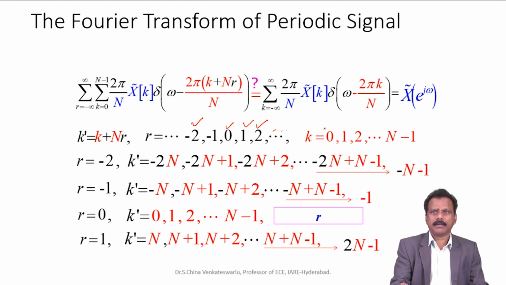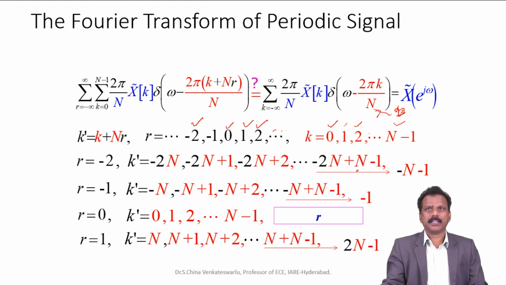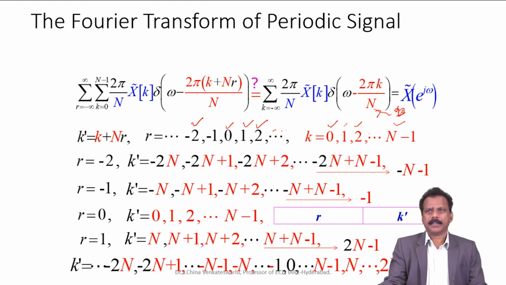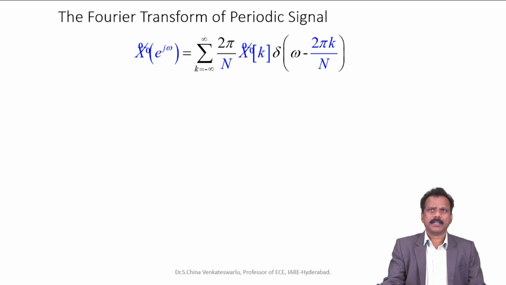The k value is 0, 1, 2, 3, 4, and so on up to N minus 1, where capital N is equal to 9 or 10, for example. This is how the Fourier transform of a periodic signal varies, where r and k. This is one way for the Fourier transform of a periodic signal. The Fourier transform of the periodic signal is like this.